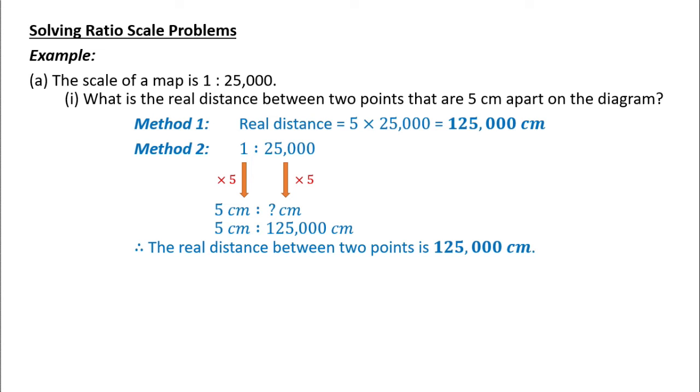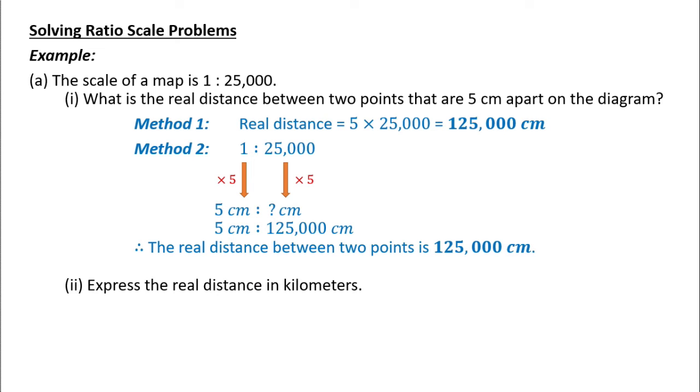Now, in real life, we really don't use centimeters for long distances. We usually use miles or kilometers. So now we need to convert this 125,000 centimeters to kilometers. That will lead us to the second question: express the real distance in kilometers.